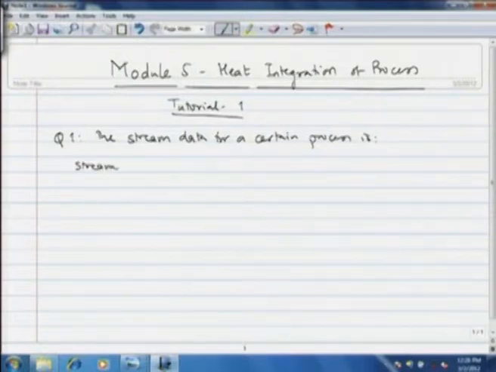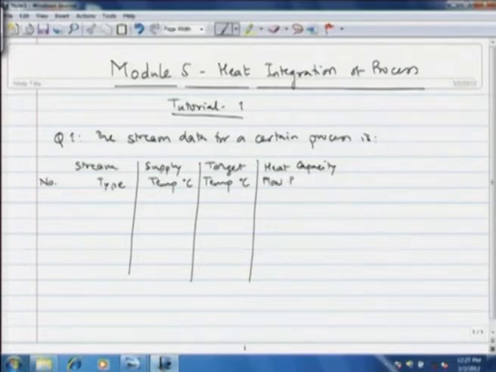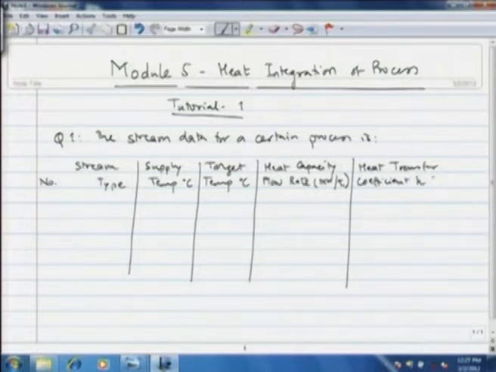So, the stream number and type, then the supply temperature, degrees centigrade, the target temperature, degrees centigrade, the heat capacity flow rate, in megawatt per degree centigrade, and then the heat transfer coefficient in watt per meter square per degree centigrade.